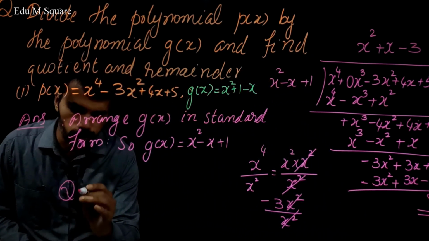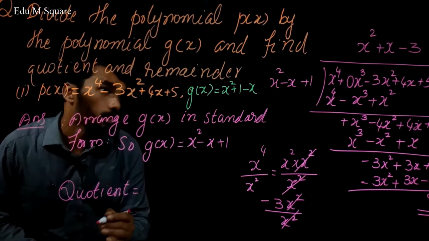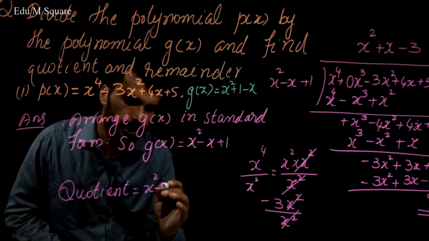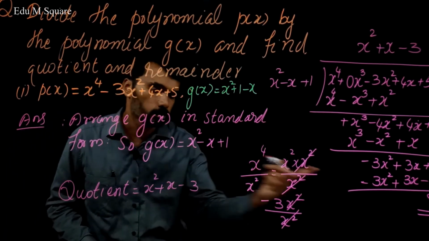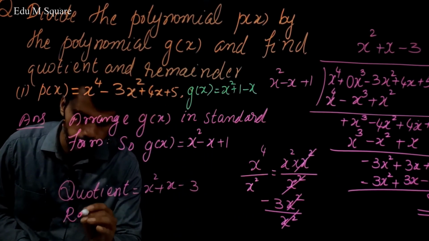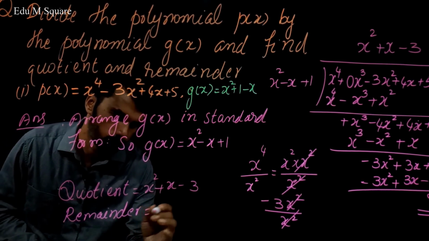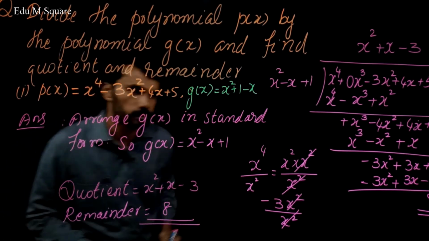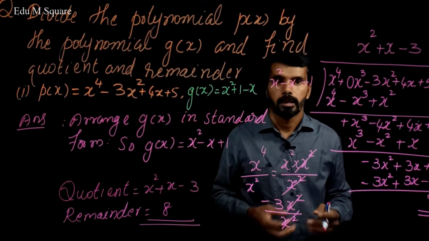The quotient is equal to x square plus x minus 3. Then what is the remainder now? 8. So the remainder is equal to 8. This is the answer. Any doubt? Very simple. Then let's move to the next question.